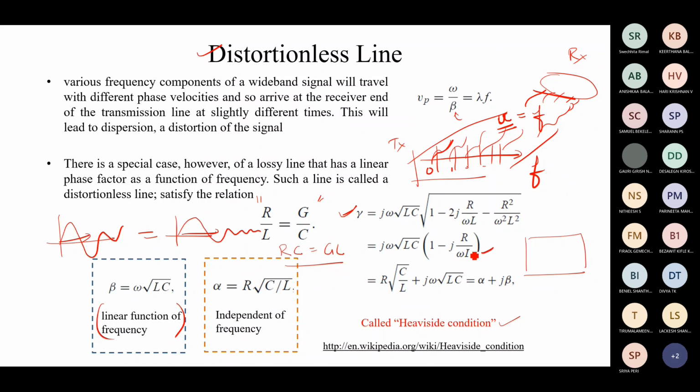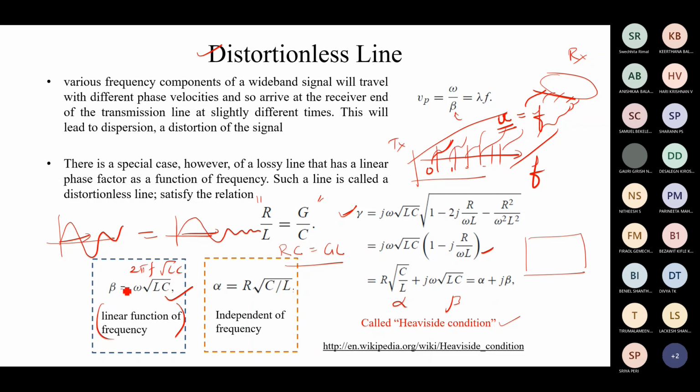Now RC is equal to GL, so everything will be oriented with R, L, C itself. The G concept is removed here. So you can represent everything with R, L, C, and this is alpha and this is beta. You can see that this beta is nothing but 2 pi f root LC, so beta is linearly proportional to f. The constant is nothing but 2 pi root LC.